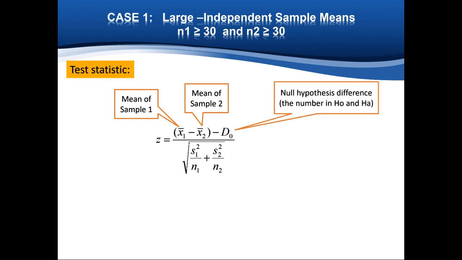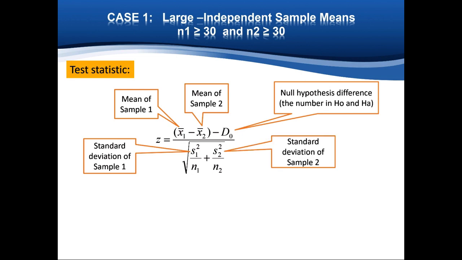D0 is the null hypothesis difference, which is the number in H0 and HA. S1 is the standard deviation of sample 1, and S2 is the standard deviation of sample 2.